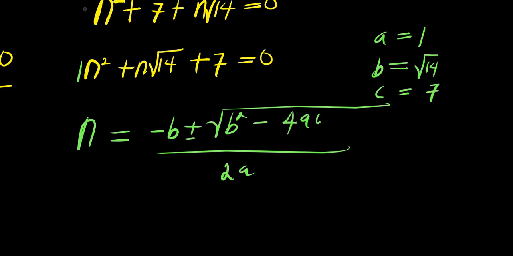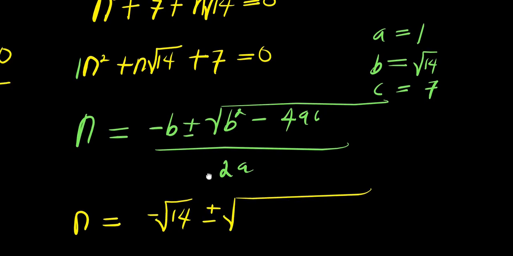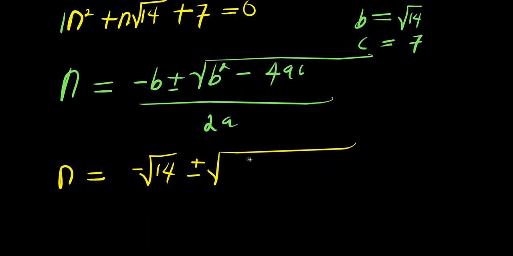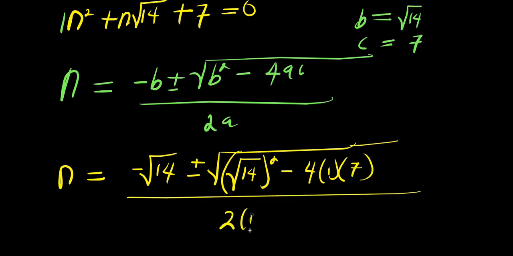So from here, we have n equals negative b, that is negative root 14, plus or minus square root of, minus 4 times 1 times c, that is 7, divided by 2 times 1.